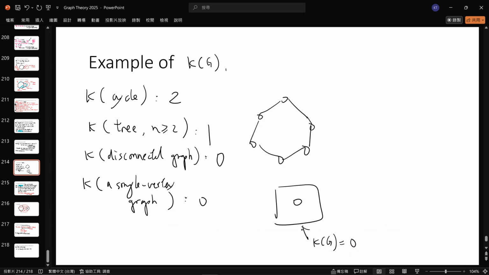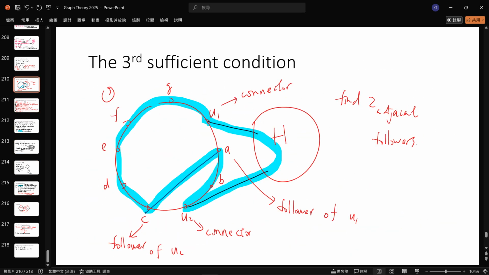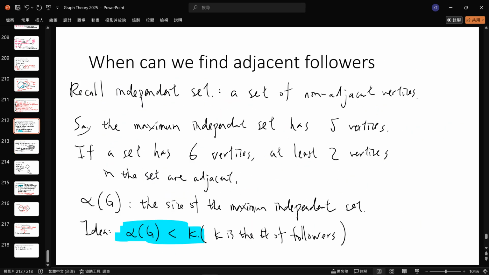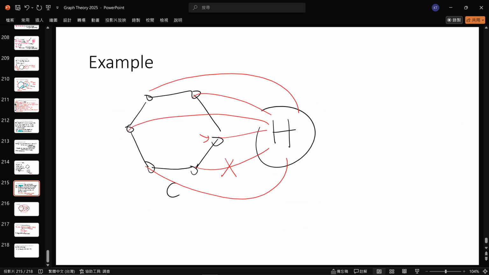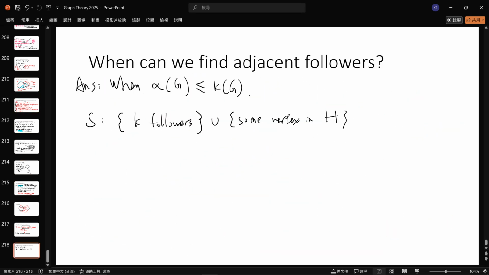So what is S? Let's call this X. So S is just the followers A, C, and X. So we consider all the followers along with some vertex in H. And so the size is K plus 1, right? Because we have K followers plus 1 vertex, so the size is K plus 1.